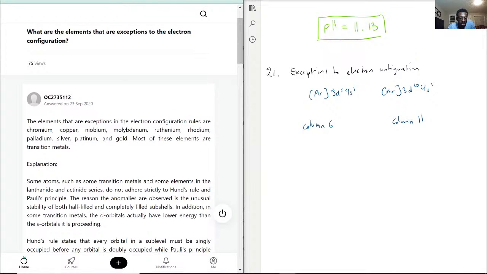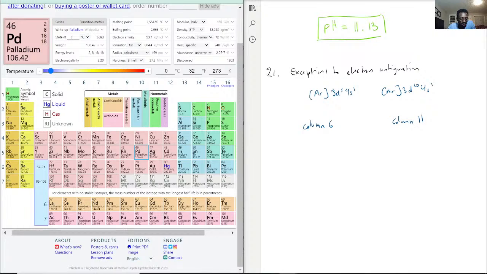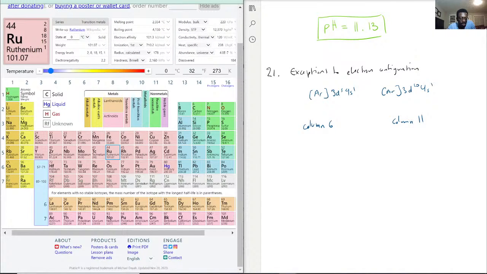And then ruthenium. Where's ruthenium? There it is. I can't say why ruthenium is there. I'm gonna be real honest with you, I can't say why it's there.